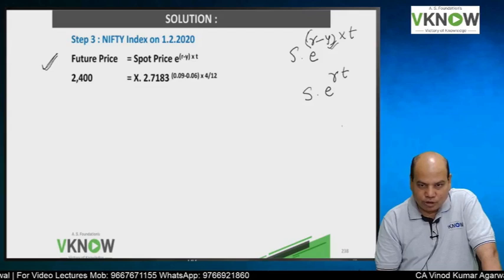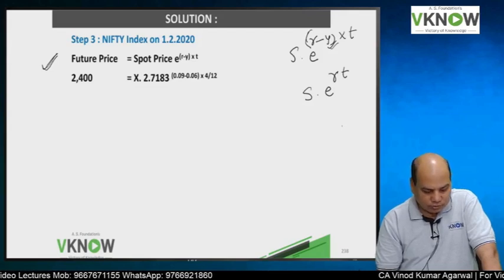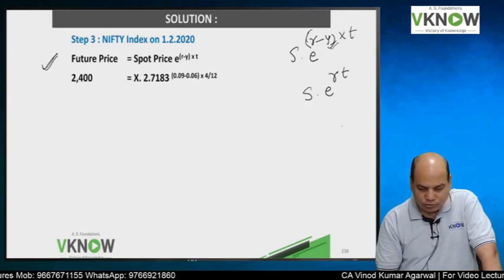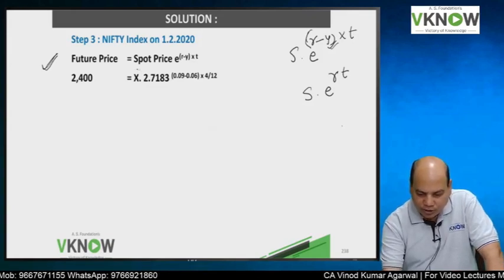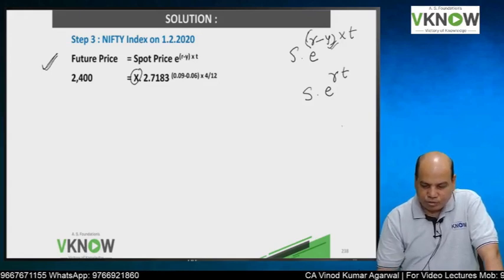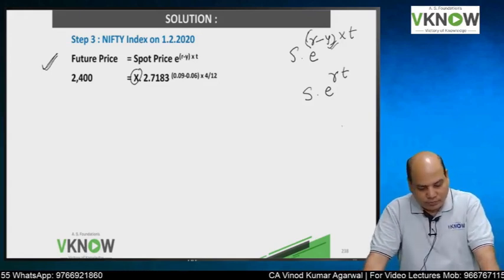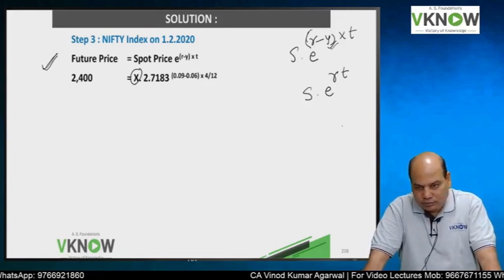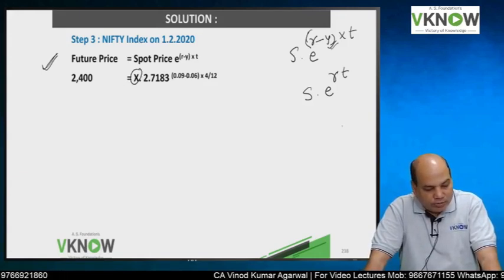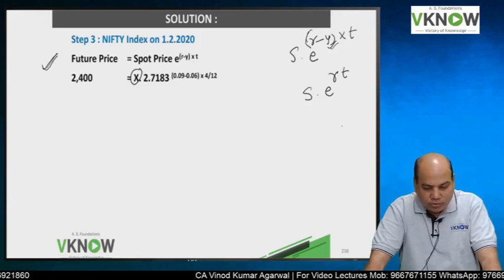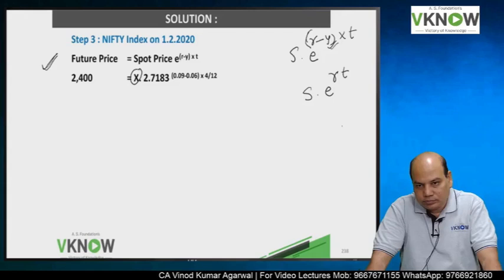Future value is 2400 as per previous calculation, is equal to X into spot price, assume X, into 2.7183 to the power 0.09, which is the risk free rate, minus 0.06, which is yield, into 4 by 12.